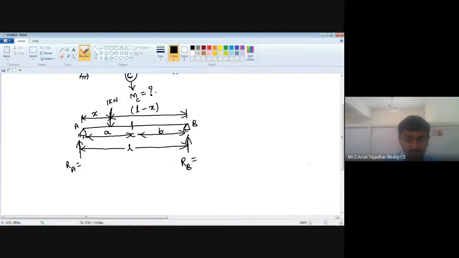These two values we already got in the previous class only. There is nothing to worry about. Whatever values we got in the previous class, the same values I am substituting here. That's it.